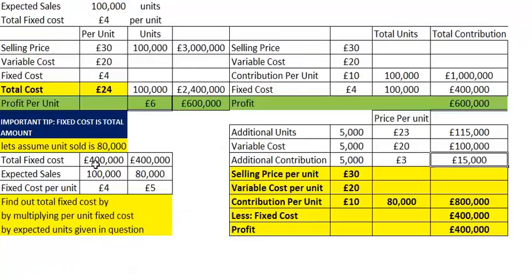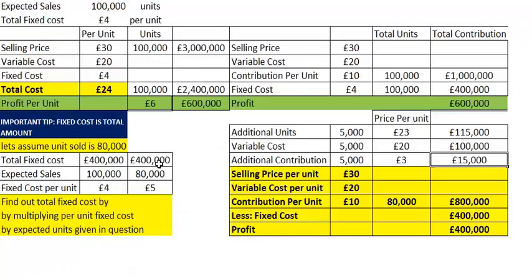Later in the question, if question says that the number of units sold are 80,000, then your fixed cost will not be 4 pound, it will be 5 pound per unit. Why? Our fixed cost is fixed regardless of the level of activity. Our fixed cost is 400,000, and when you have a sales of 80,000, 400,000 cost will be spread over 80,000 unit, not on 100,000 unit.